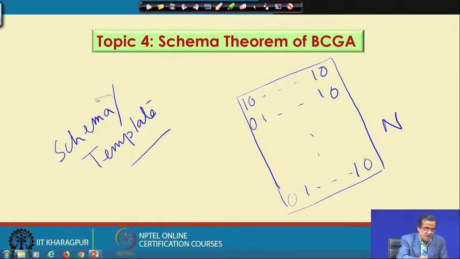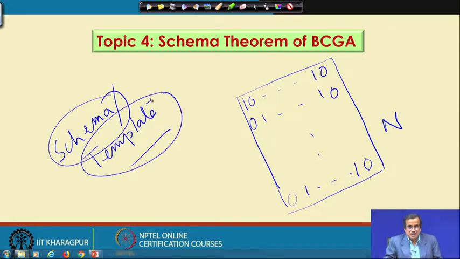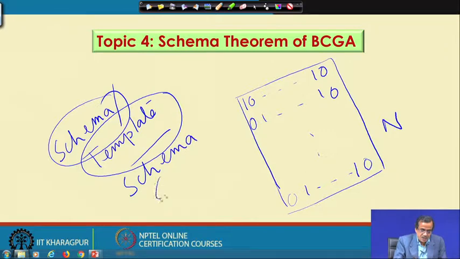For this schema or template, we try to see the growth or the decay through a large number of iterations. Mathematically we can derive one expression, and that expression is known as the schema growth expression, the schema growth theorem.